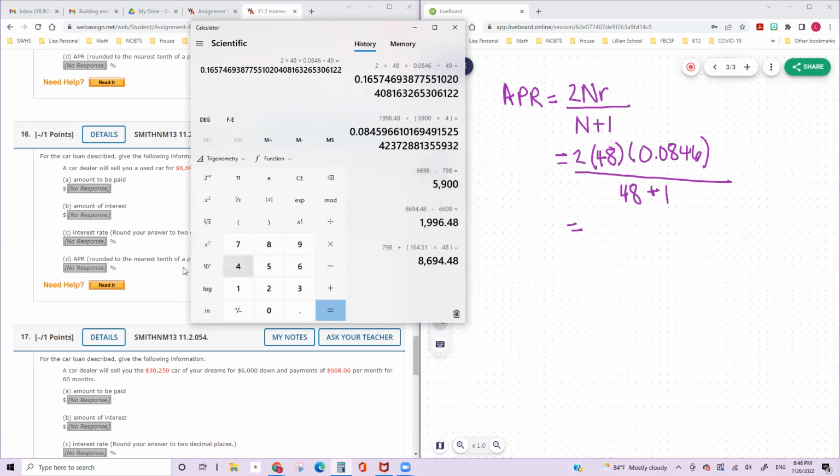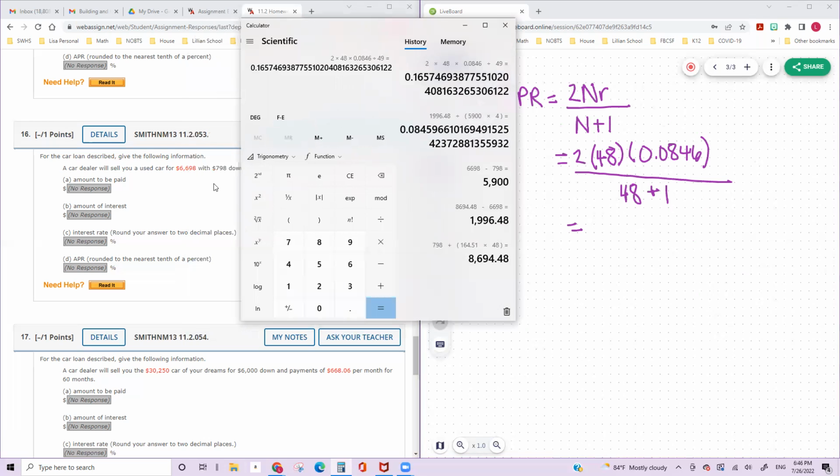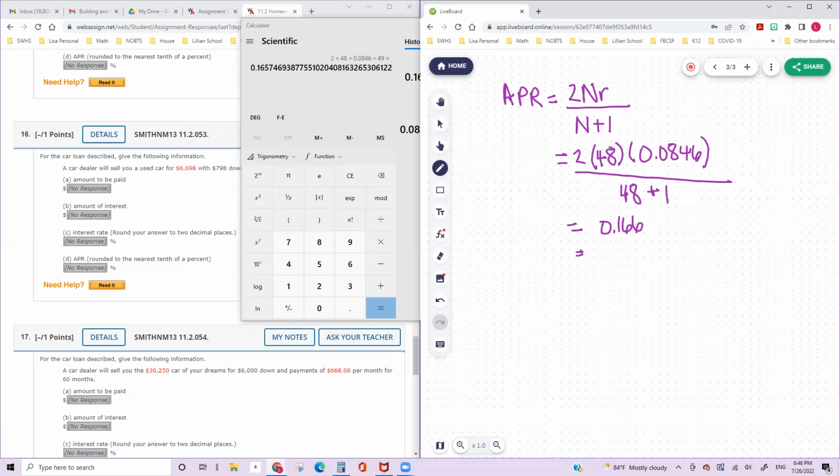And so then this says they want this rounded to the nearest 10th of a percent. So we're going to have 0.166, because you have to round that 5 to a 6. So this would be 16.6%.